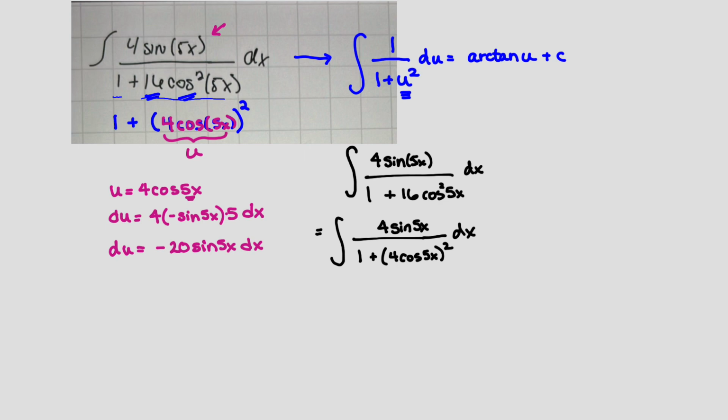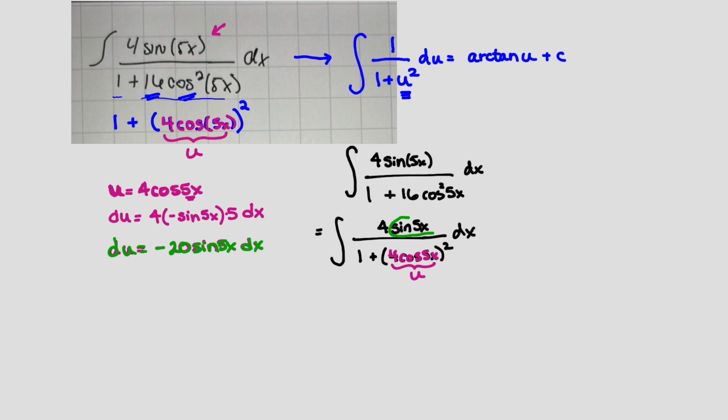Okay, I'm going to color code things. My u is pink, and that's going to be 4 cosine of 5x. So here is 4 cosine of 5x, and I'm going to replace that with u. Let's also color code du. Du is negative 20 sine 5x dx. I don't have a negative 20 sine 5x.